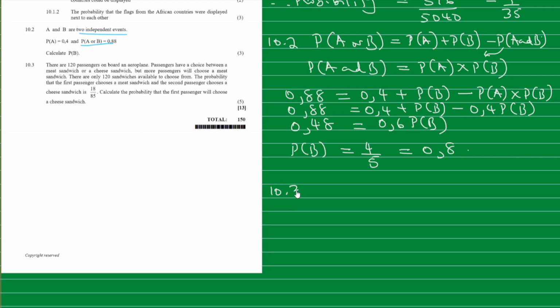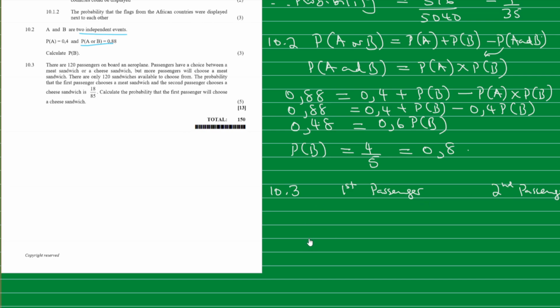So we can prepare our tree diagram here. Let's look at the two events that are happening here. First, we have the first passenger, who is going to pick, and then we also consider the second passenger.